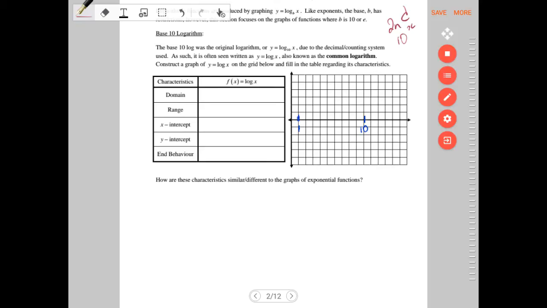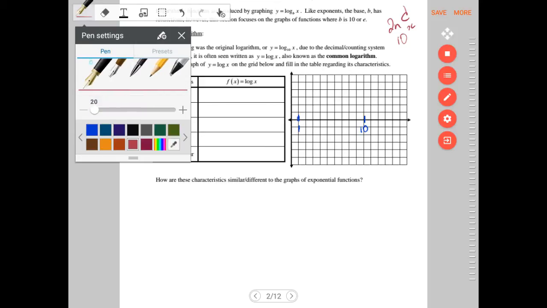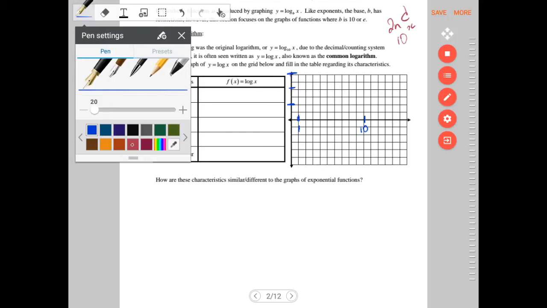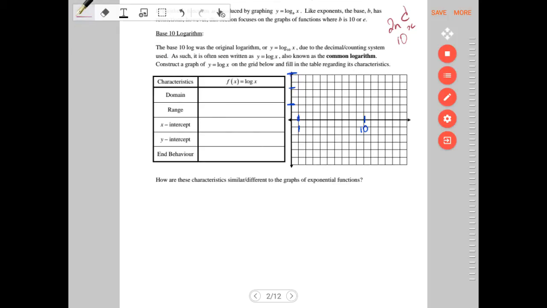So we know that the graph goes through the x-axis at 1, and I'm going to make every 2 spaces 1. So if we go to graph this, we know it goes through the point 1, 0, and I know that log 10 is 1.